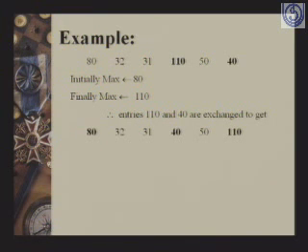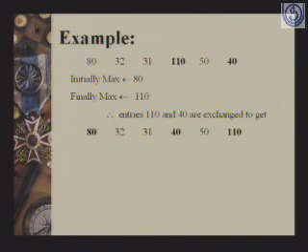Initially 80 is the maximum, and it is compared with the next number, 32. But 32 is less than 80, therefore the current maximum still remains 80, and its position is 1. Again we go to the next element to the right, that is 31. Again 31 is less than 80, therefore our current maximum still remains 80.